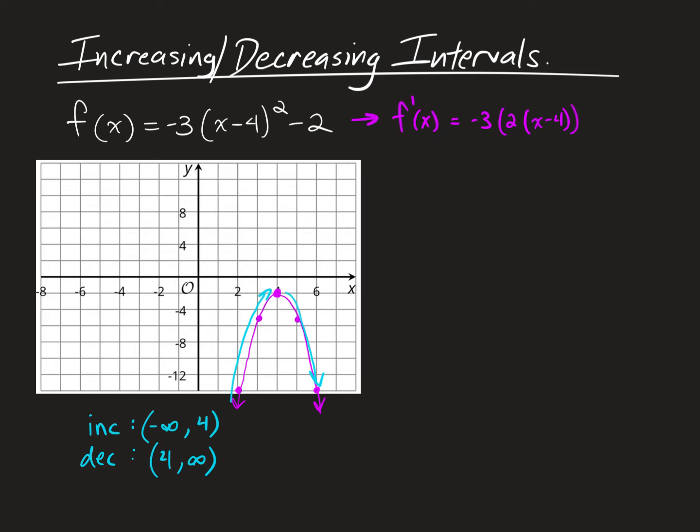And the derivative of the inside function here is 1. The derivative of negative 2 is just 0. So the derivative really simplifies down to negative 6x plus 24.